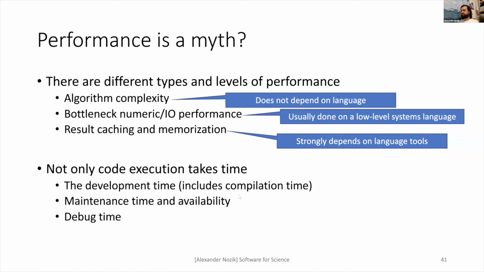There is maintenance time and maintenance people availability. And this goes, for example, for Python. You can write a very fast and very nice program in Python, but if you do not spend time writing tests and documentation for this program, you will have a very long maintenance time. So it's hard.